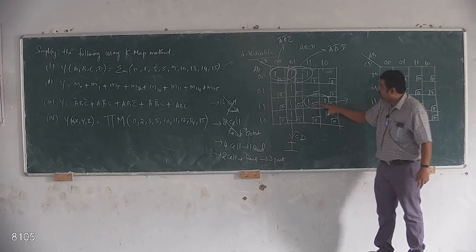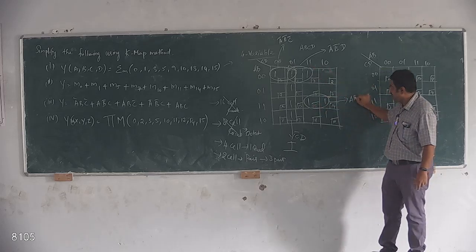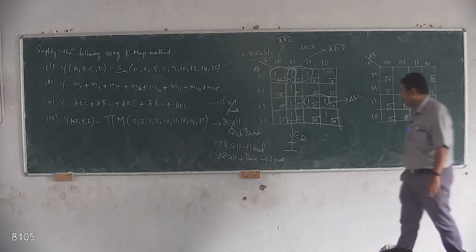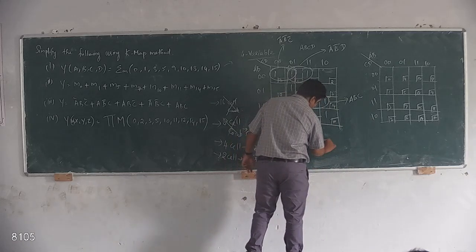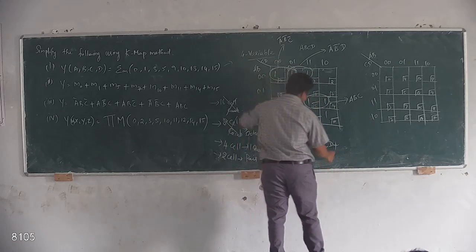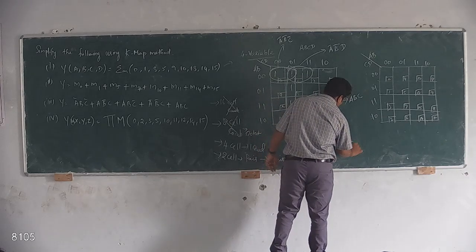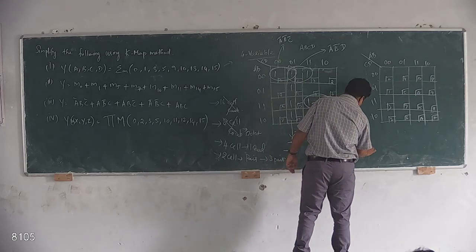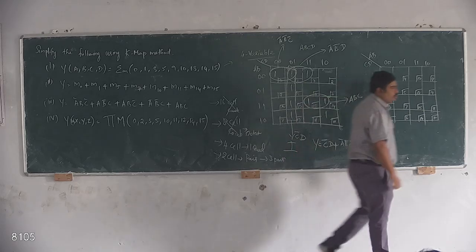So in these 2 boxes, take the common variable outside: AB, C. Okay, now write the answer by combining all the values. Y is equal to C bar D plus A bar B bar C bar plus A bar B bar D plus ABC. This is your answer.